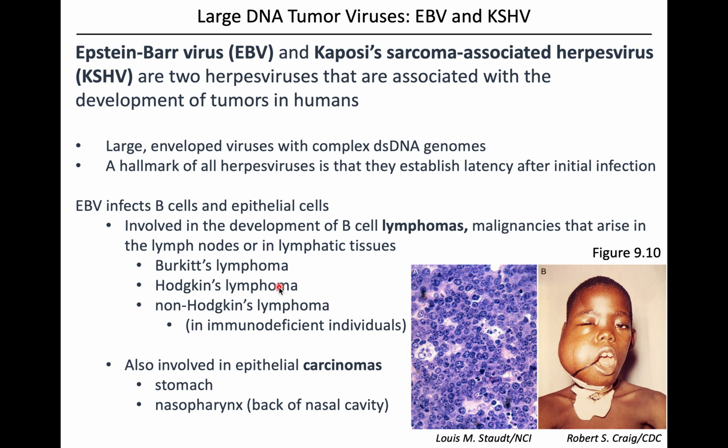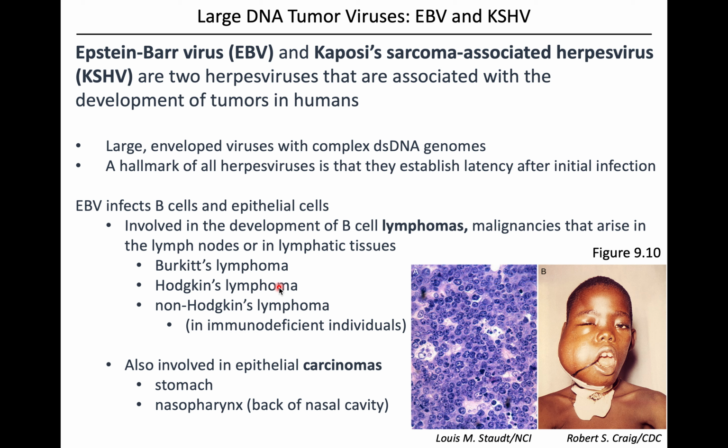Interestingly, especially in terms of the lymphoma, there was a link between immunocompromised individuals and the development of cancer. A high percentage of the population is infected with Epstein-Barr virus, but we tend to see these cancers developing primarily in immunodeficient individuals.